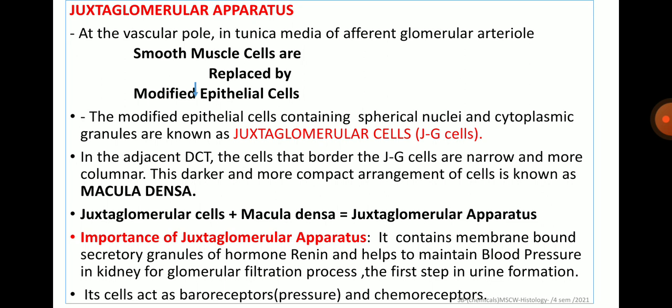This contains membrane bound secretory granules, I told you, of the hormone renin and helps to maintain blood pressure in the kidney for the process of glomerular filtration to occur, which is the first step in urine formation. In fact, its cells act as baroreceptors and chemoreceptors too.